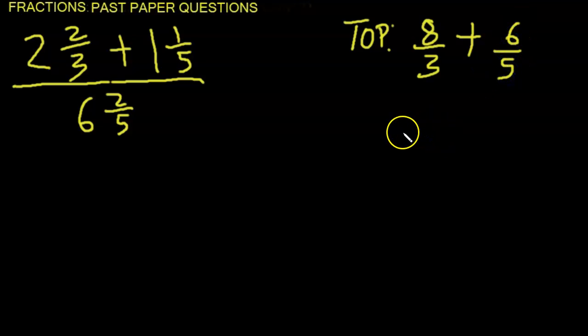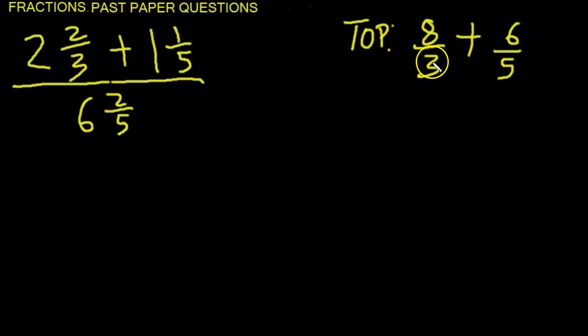Let's work this out. We're adding two fractions here, and you will recall that for us to add these two fractions, the denominators need to be the same before we can add them. So the LCM here is 15.